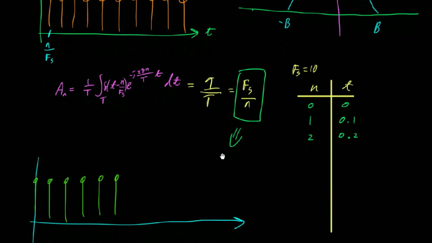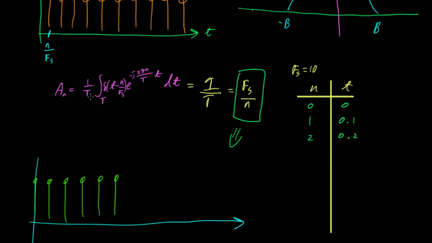Sorry, this is the sampling period, so there actually shouldn't be an n here. This should just be straight up fs, because the sampling frequency is constant. That was my mistake, sorry.